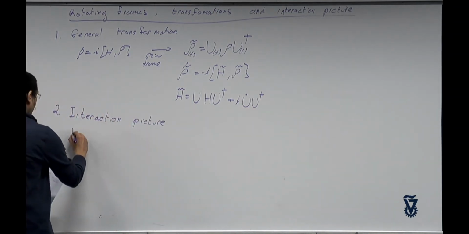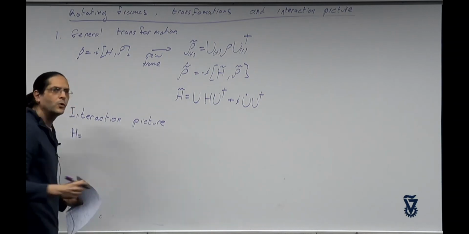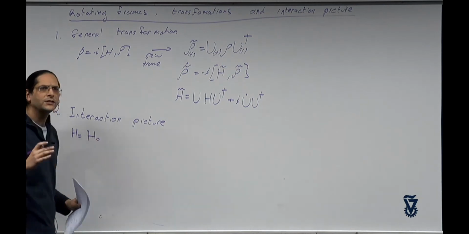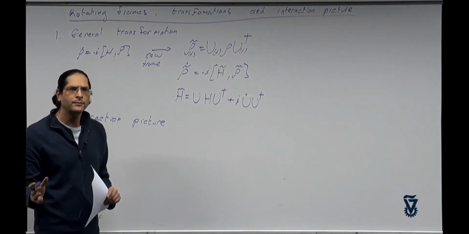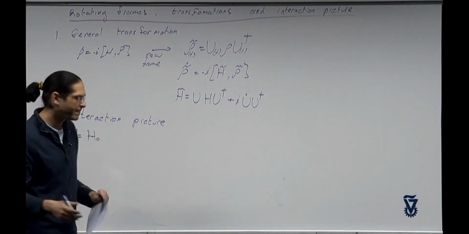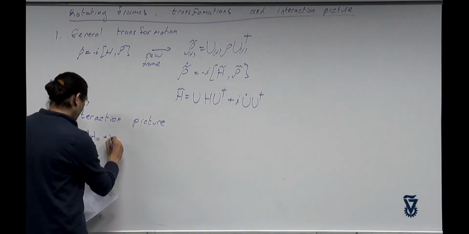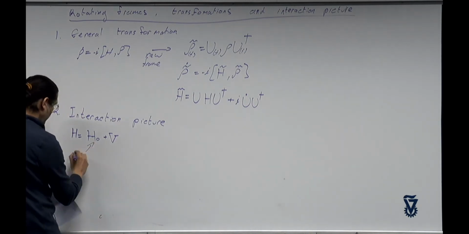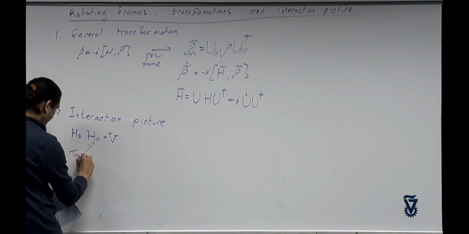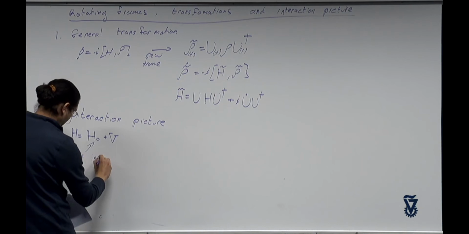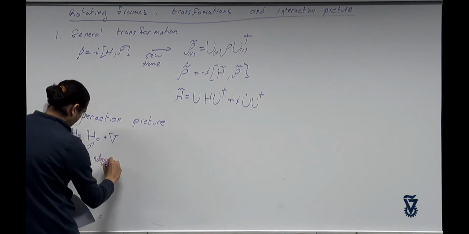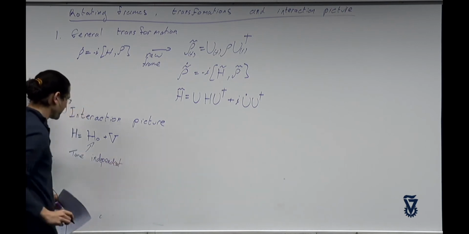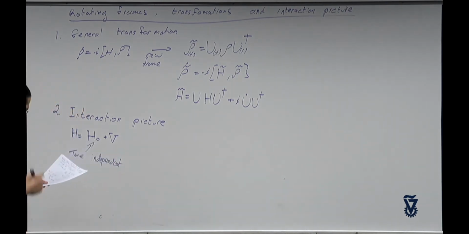You have some Hamiltonian which you break up into H naught, which is time independent, plus V, which is time dependent.